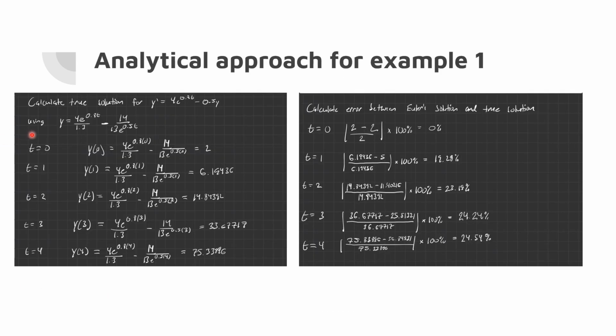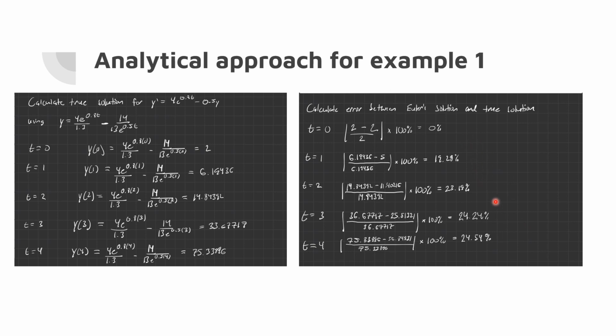And as you can see here, I'm using that formula calculated in the previous slide, plugging in increasing values of t, and these are the y values for the true solution to the differential equation. And on this slide, I'm just calculating the error percentage between the Euler's solution and the true solution.